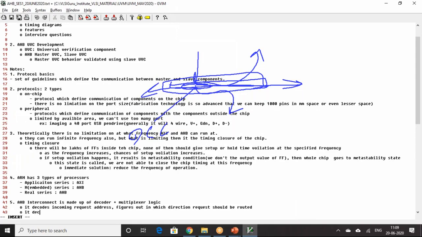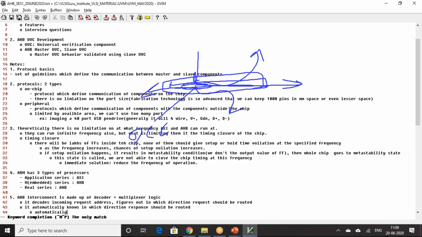For the incoming response, there is no decoding. It automatically knows in which direction the response should be routed.